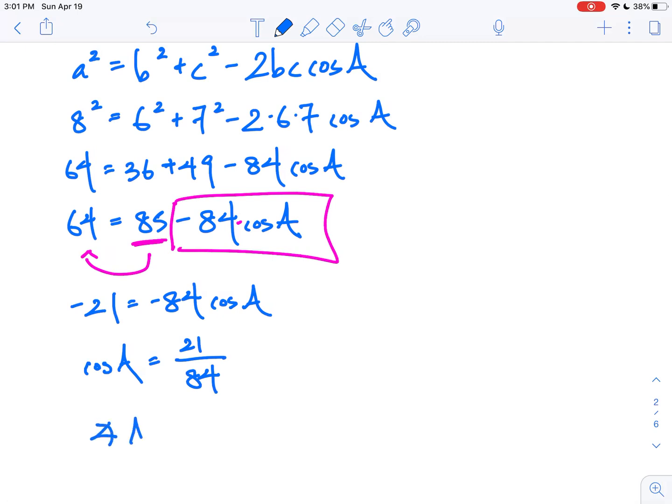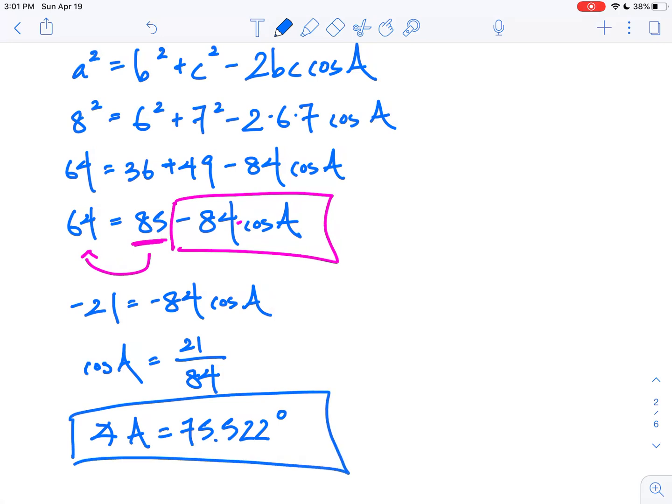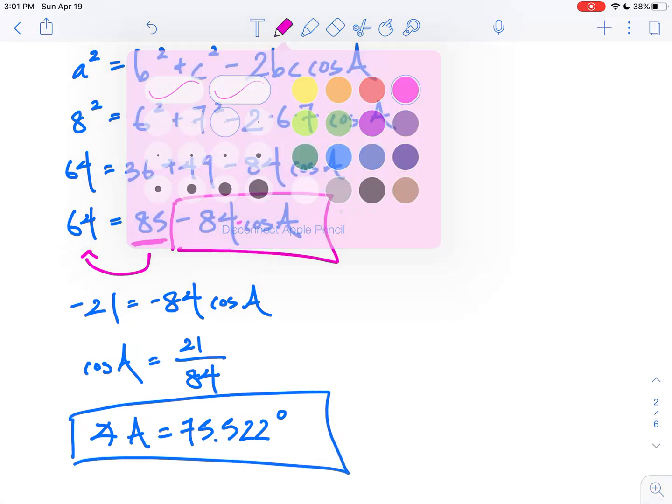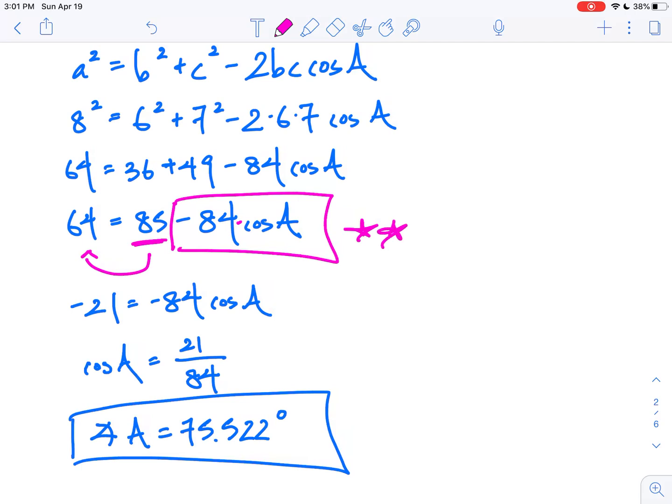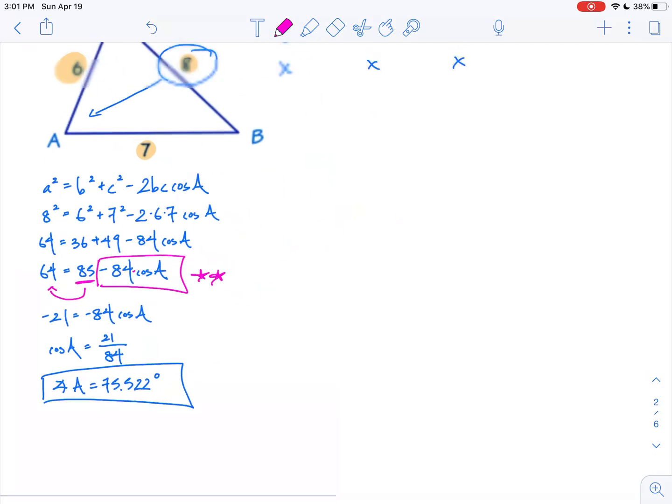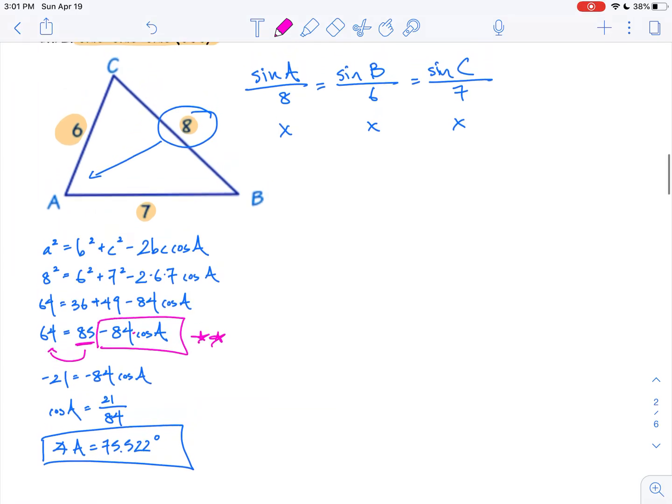And when I use the calculator to find that out, I will get angle A equals 75.522 degrees. Okay? Now this order of operations here is super, super important. I would say that's the number one place that students make mistakes, okay? So try really hard to make sure you're following those order of operations.